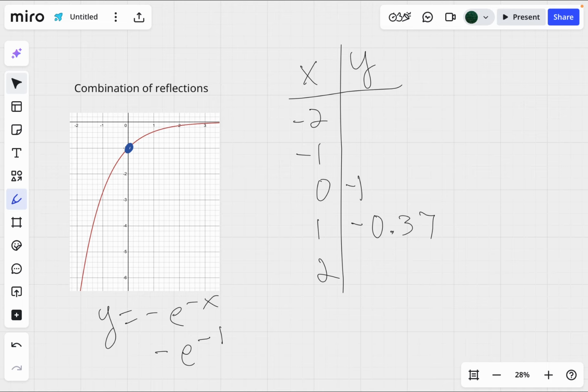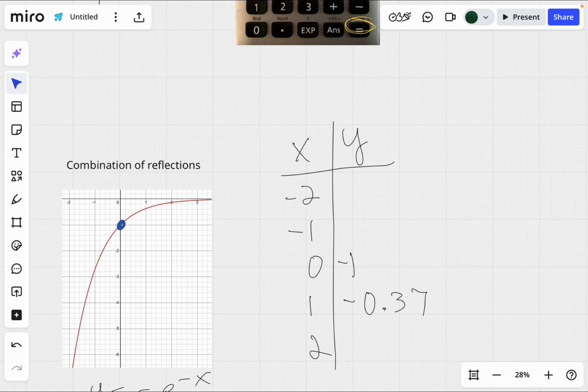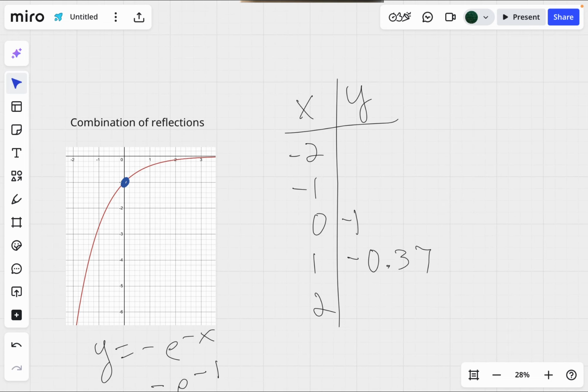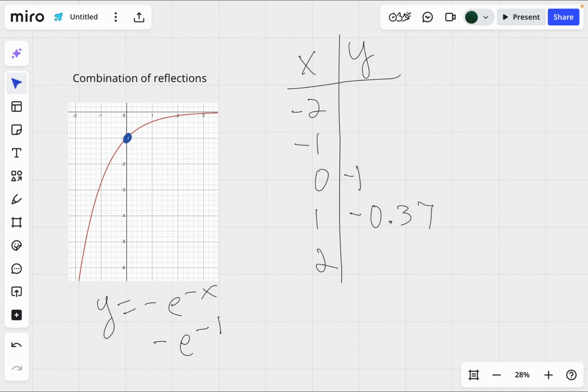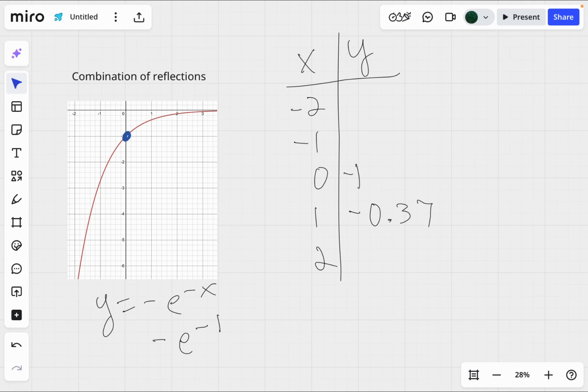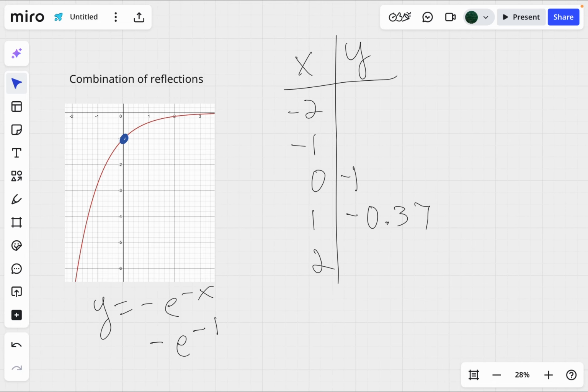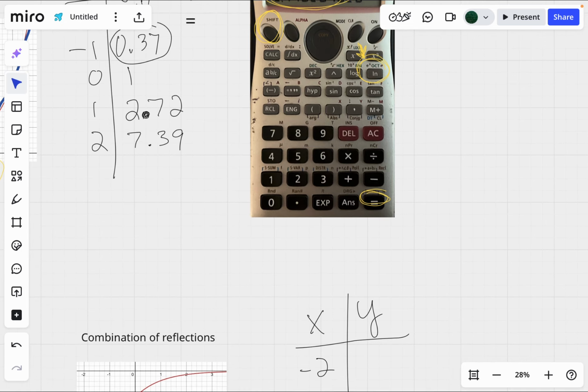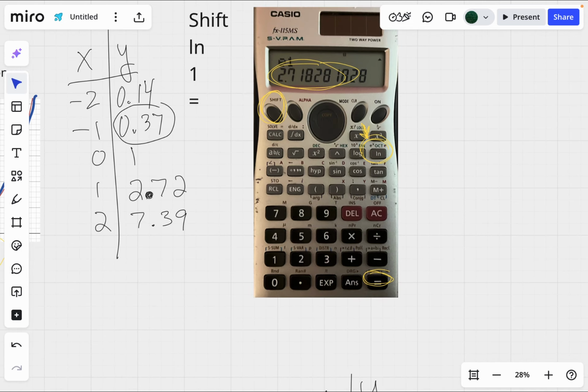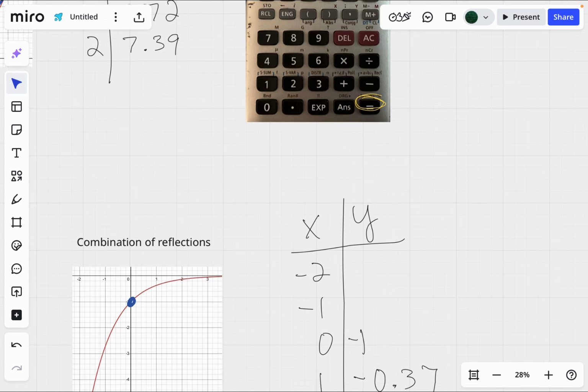Okay, now how about if you put in the 2, that's e to the -2 now, which we had up here, and you multiply by a -1, so it's -0.14.